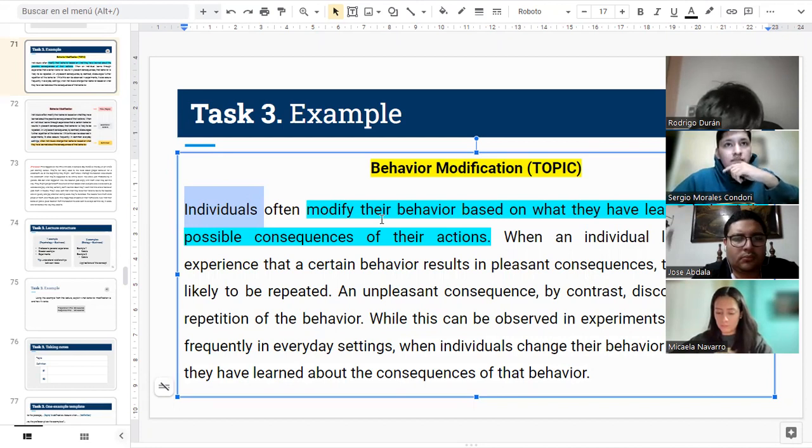Okay. Now we know that these individuals, those kids, should modify their behavior. So how is that part? How will they change their behavior? What was their initial behavior and what is the final one? What have they changed?